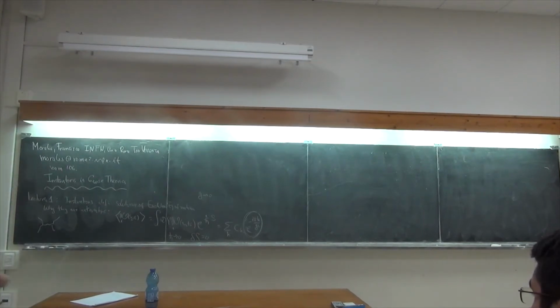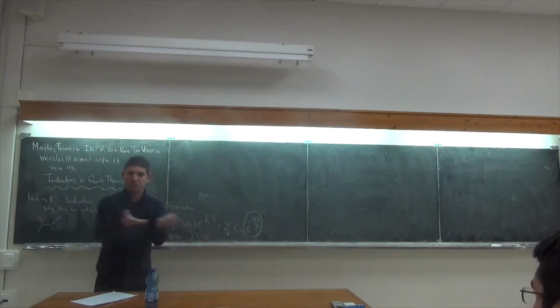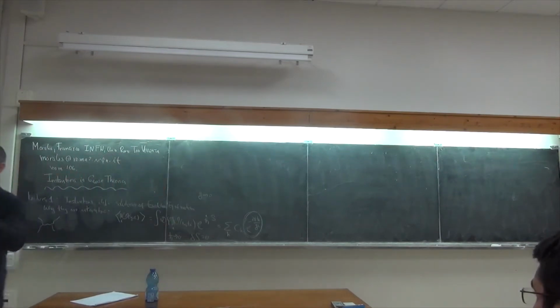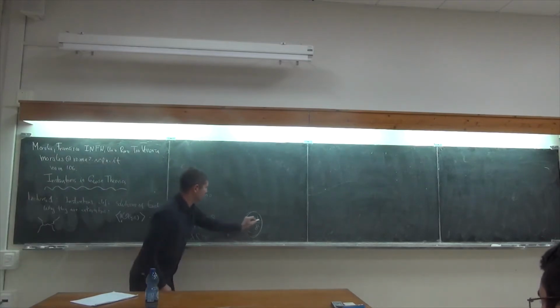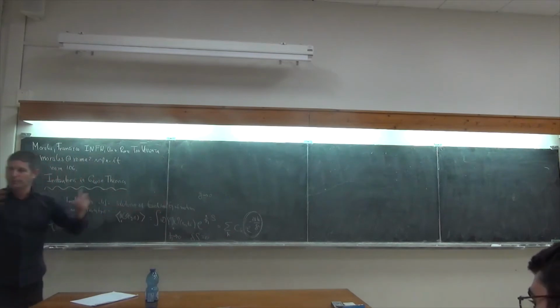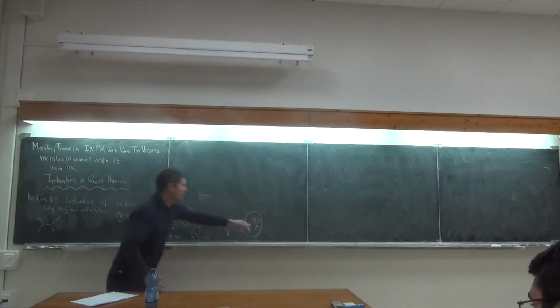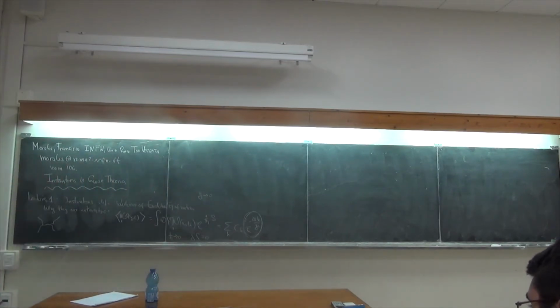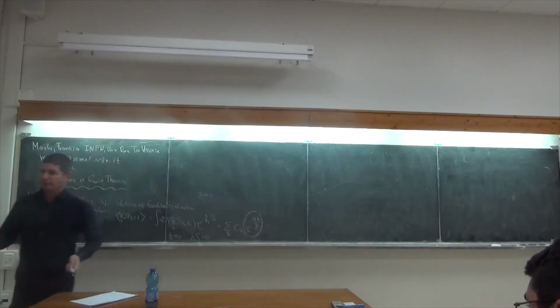Typically, you are used to being in the trivial vacuum, as in all the quantum field theory you have seen with Feynman diagrams. In the trivial vacuum, k is equal to 0, and you just have the 1 loop, 2 loop, 3 loop, and so on. Instantons are a much smaller contribution. Then you may ask why we care. We care because in QCD the coupling constant is not small.